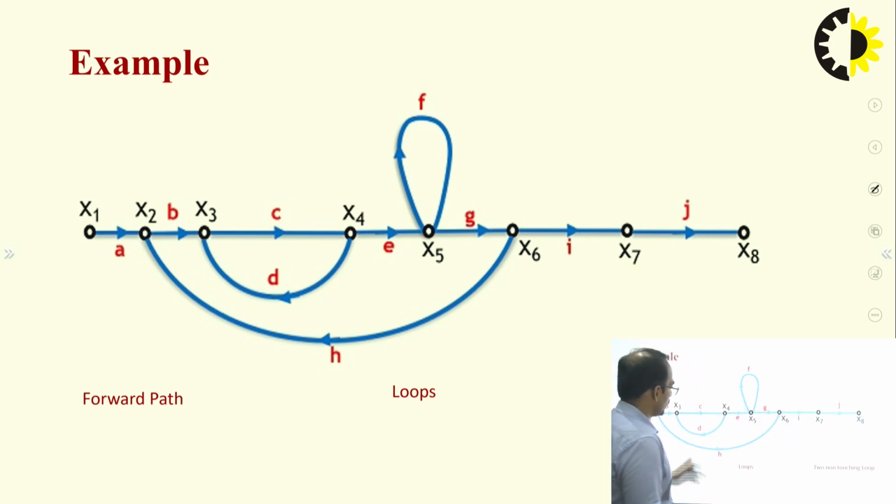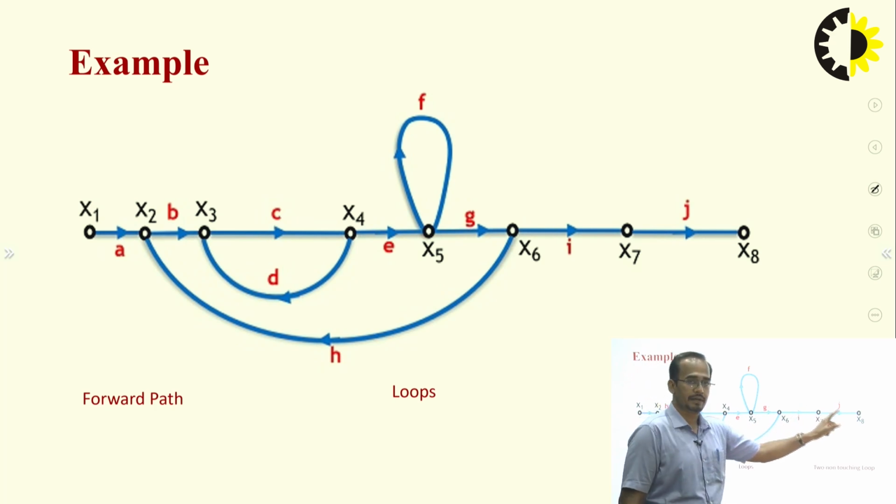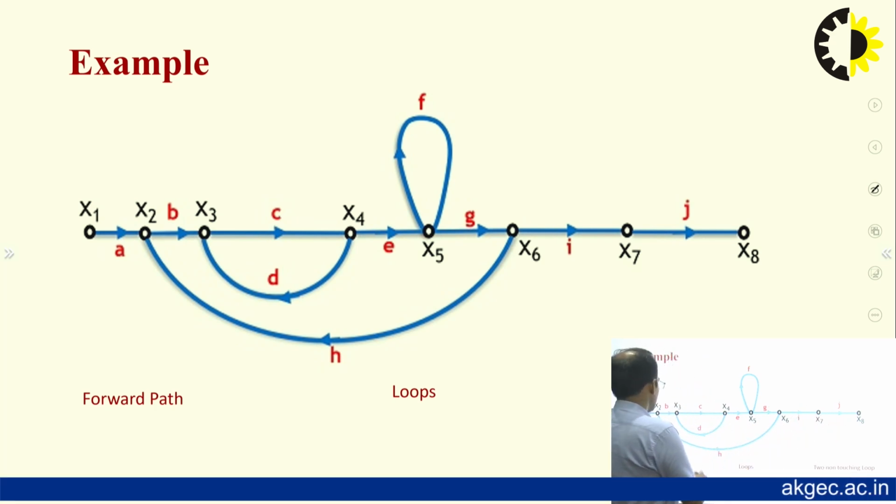What are the possible paths available in the signal flow graph? Traveling from x1 to x8, I have only one path: x1, x2, x3, x4, x5, x6, x7 and x8. So here the number of forward paths is 1.